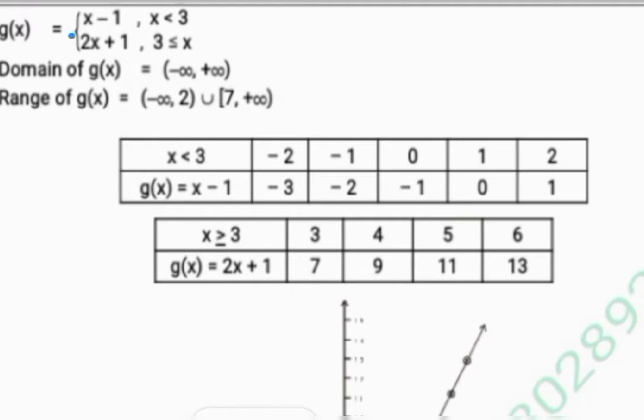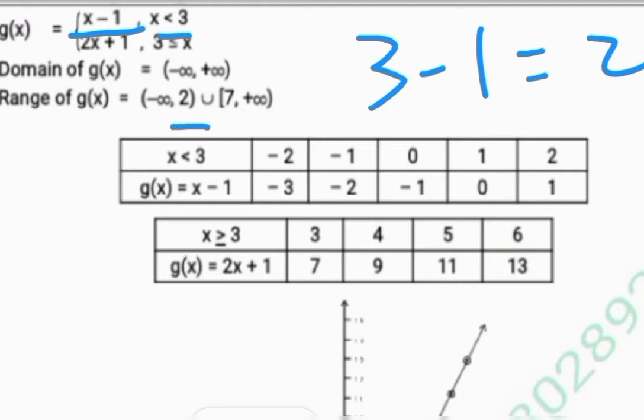If you put 3 here, 3 minus 1, that will be 2. As there is a less than sign, for less than sign there is a small bracket. If we put 3 here, we have 2, so we will write a small bracket here, and as you see, the answer is decreasing from here.